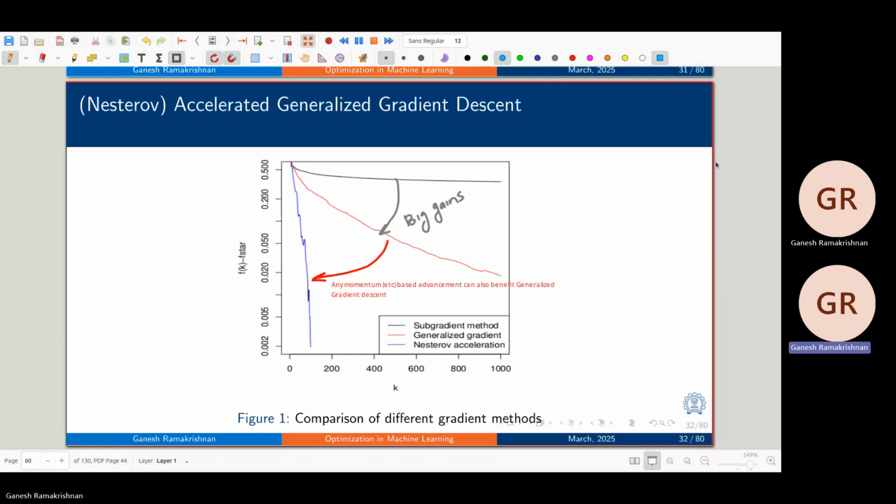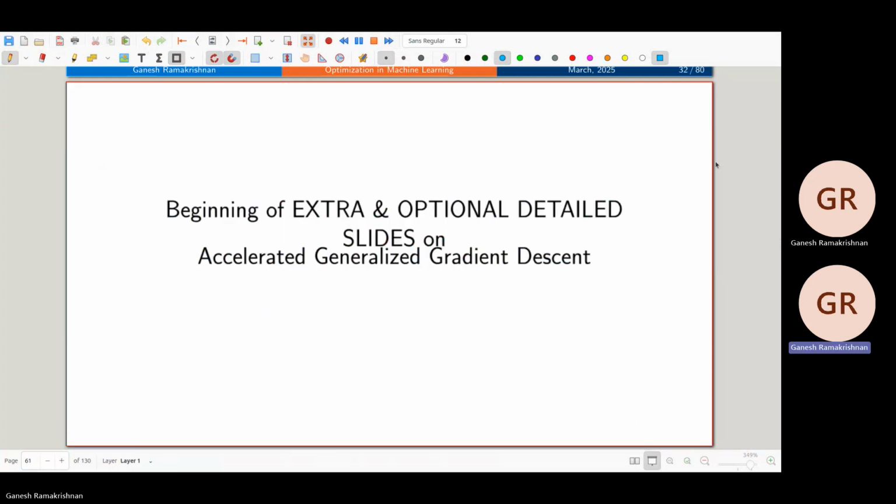Okay, so what we do in the remaining few slides as extra optional reading material is show that even with accelerated gradient descent, you can do better. We have accelerated generalized gradient descent, which does better than generalized gradient descent the way accelerated gradient descent did better than gradient descent. So there are some extra optional detailed slides.